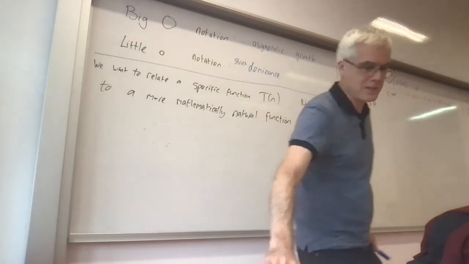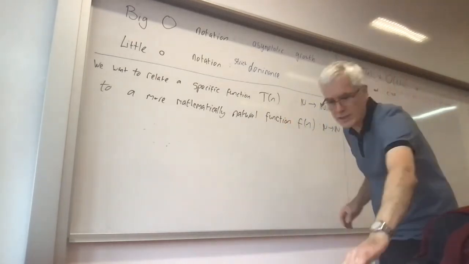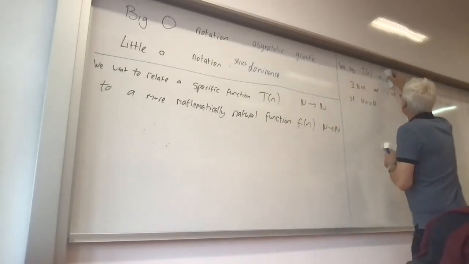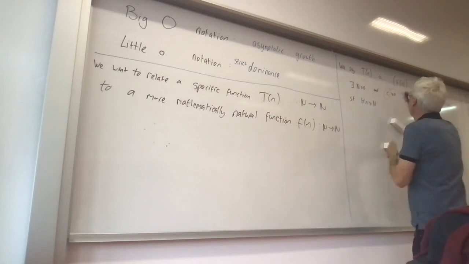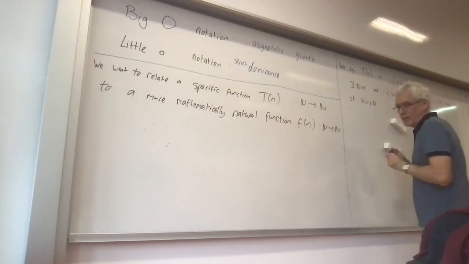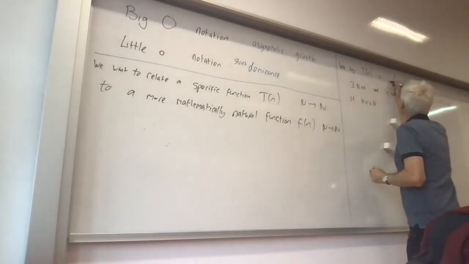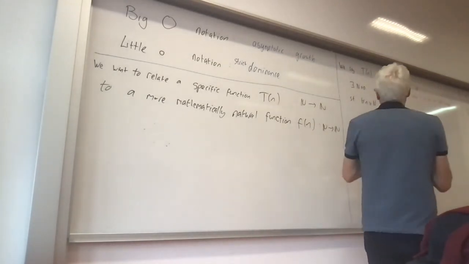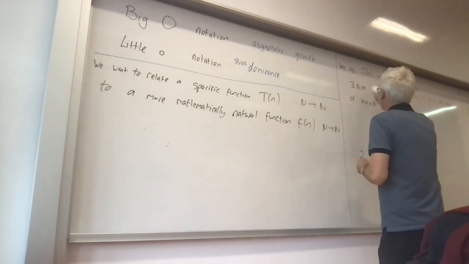So for the little O notation, we'll put the changes in blue. So T of n is little O of f of n. Again, from some point onwards, but actually the quantification needs to be the other way round.